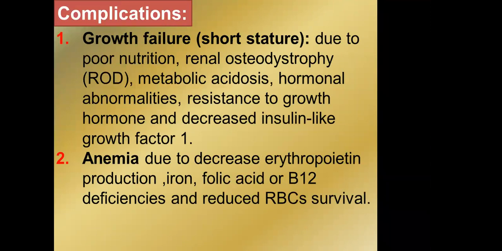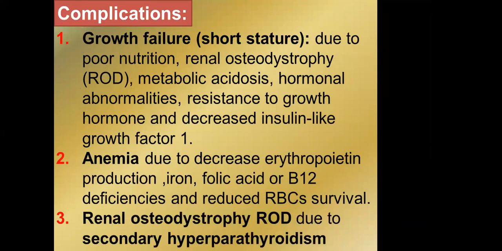As you know, erythropoietin is produced by the kidney, and it is very important for bone marrow function and the production of erythrocyte precursors. So decreased erythropoietin results in decreased bone marrow activity and production of RBCs, erythroblasts and then erythrocytes. Also there is iron deficiency, folic acid or B12 deficiency from chronic malnutrition, and reduced RBC survival. These are the causes of anemia in chronic kidney disease.